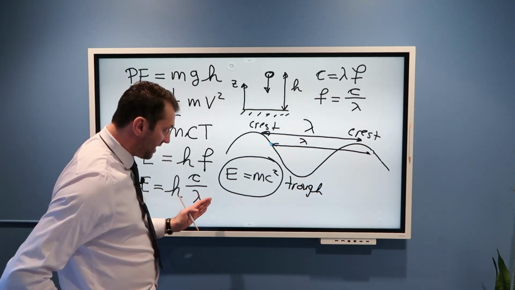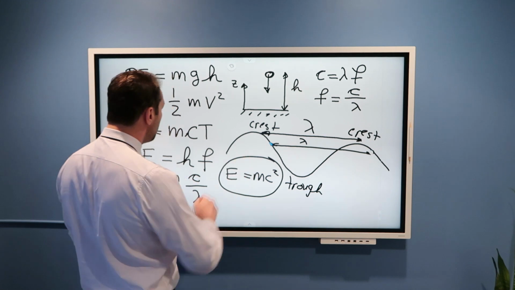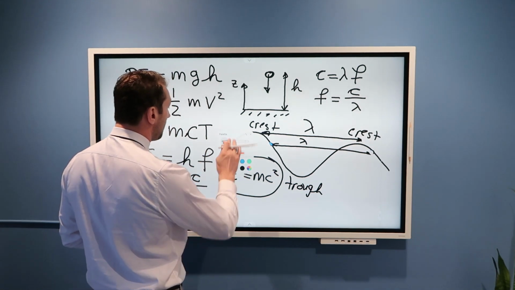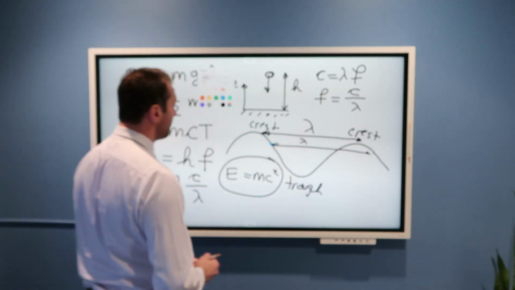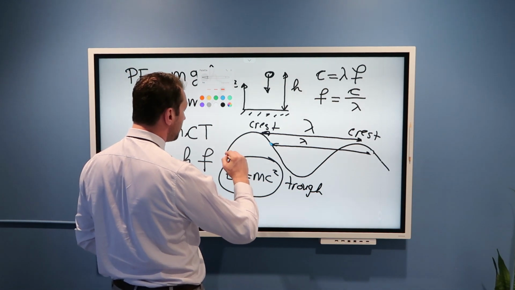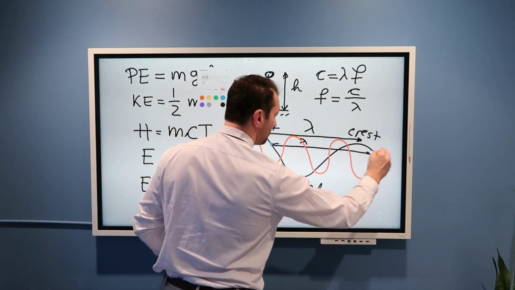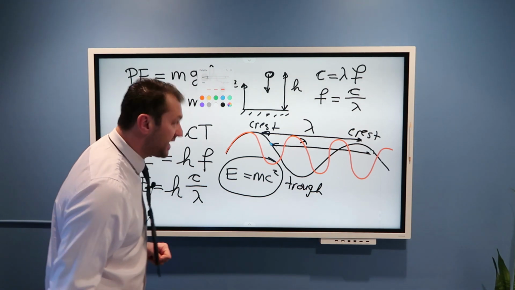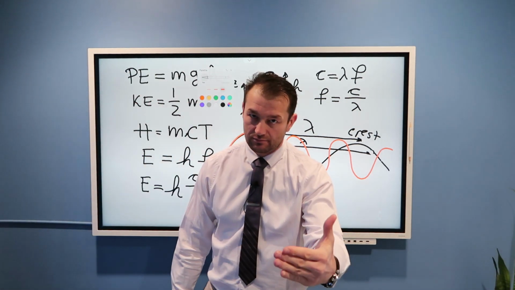Why did I write all this? Well, to demonstrate to you, if you have a wave with much shorter wavelength, like this, that wave has much higher energy thanks to this Planck's equation, and we know that.